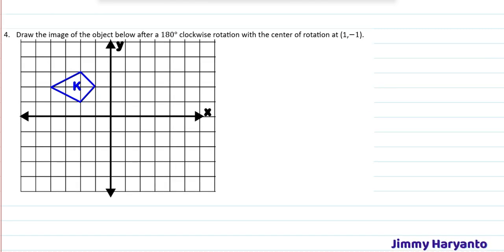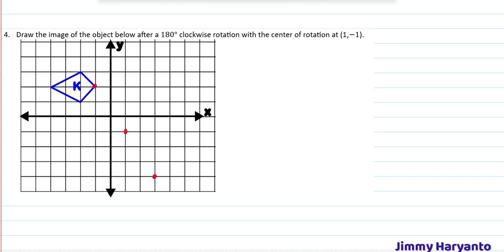Next is this one, still the same, but this time it's 180 degree clockwise rotation. It's still the same. Draw the line, and then 180 degree clockwise, and then draw another line as long as the first. So this is our first image, yeah.